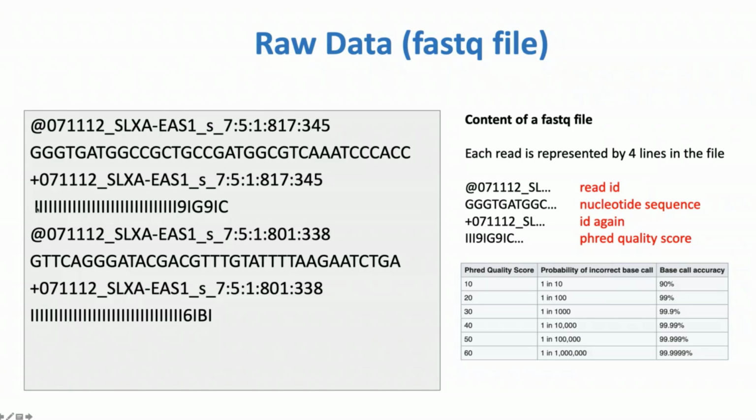How this encoding works is there's usually a range of quality scores, and it's really dependent on the sequencing technology that was used. But in general, it gives you some measure of how likely it is that the read is accurate. In this table, you can see it's on a logarithmic scale, or kind of exponential.